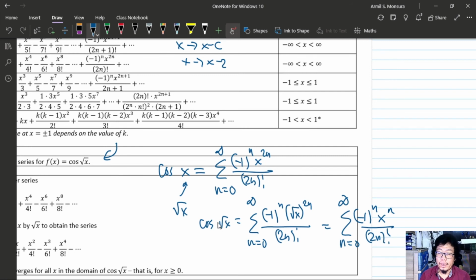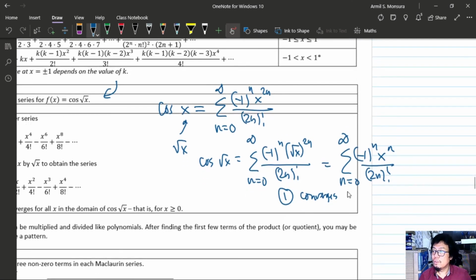And again, you have to verify, number 1, whether this actually converges, and number 2, whether it actually converges to cosine of square root of x. Those are the things you have to prove after this.